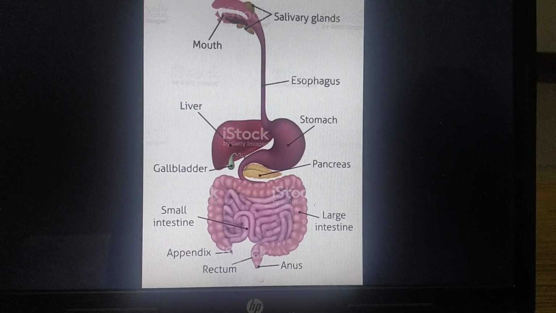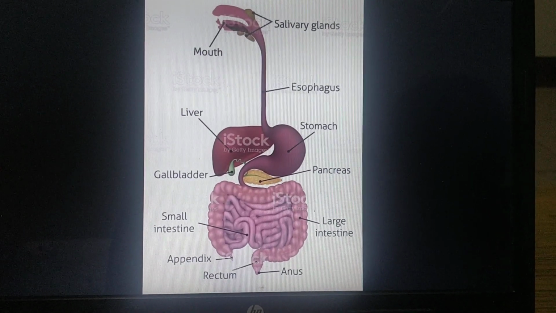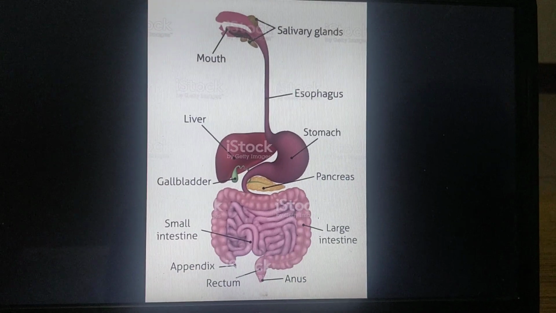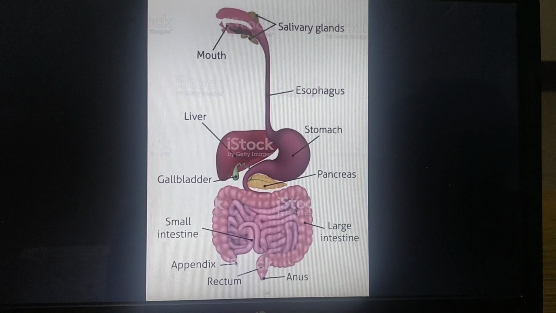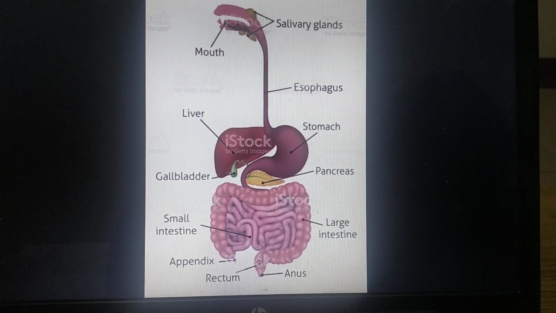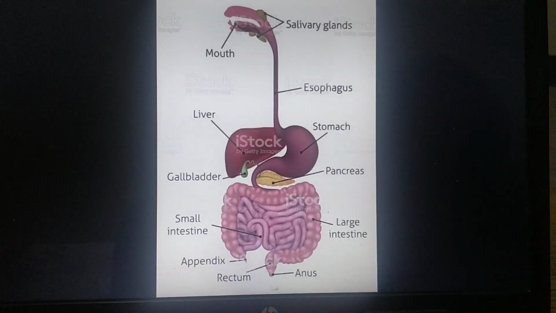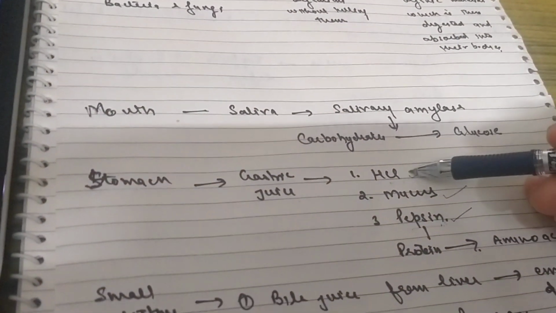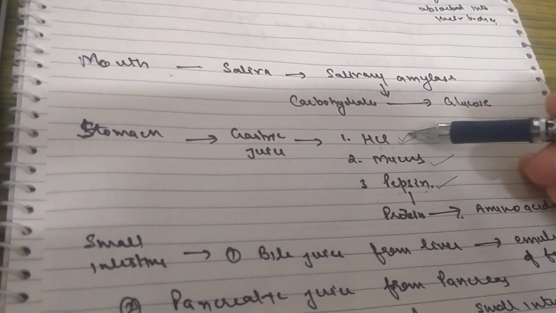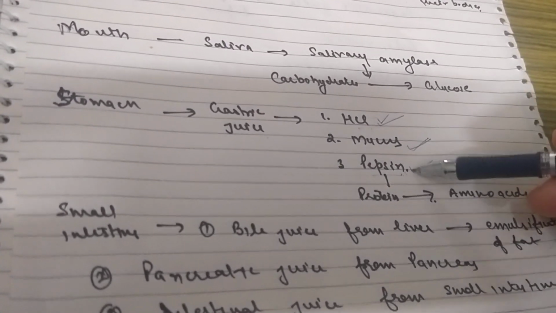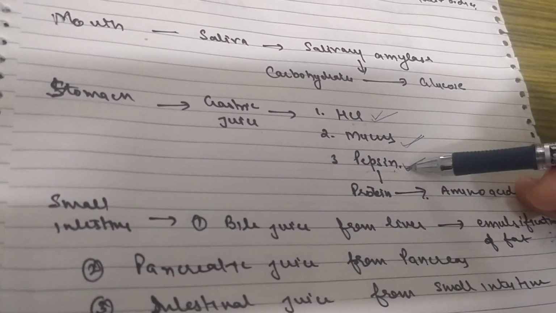The stomach is a large organ, and it expands when food enters it. In the stomach there is gastric juice, and gastric juice consists of HCl, hydrochloric acid, mucus, and pepsin. Pepsin is an enzyme.